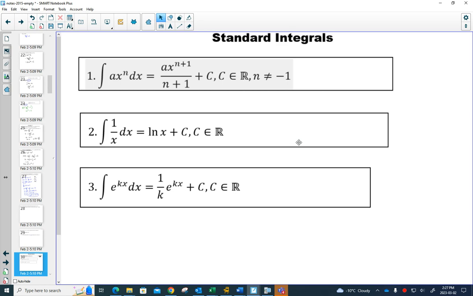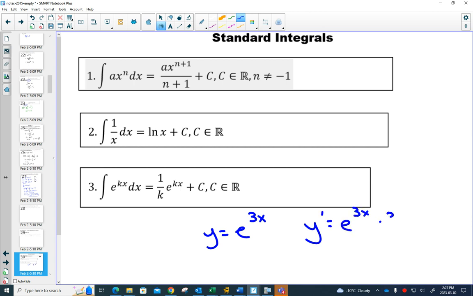And then, of course, I could have just done e to the x, and the derivative of e to the x is e to the x. So working backwards, it would also stay the same. But if you had a little chain rule in e, this makes sense. If I had a chain rule in e to the x, so for example, if you were finding the derivative of this, your derivative would be the same thing, but then because of the chain rule, you would multiply by 3.